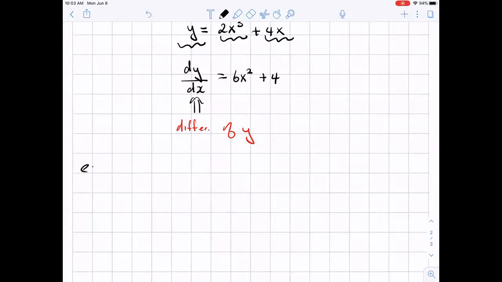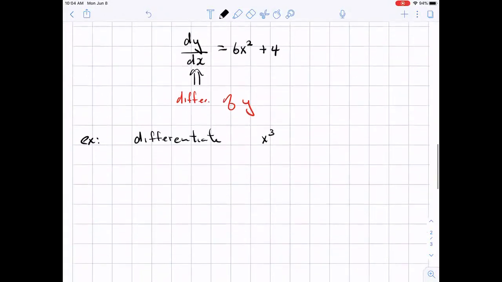For example, if I ask you to differentiate x cubed with respect to x, and it's very important: d of x cubed with respect to x, d dx.